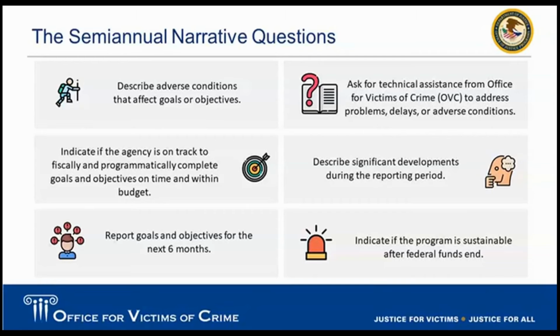But also talk about how you will keep up with this great work. So always be thinking about sustainability. There is a specific question in the semi-annual questions about sustainability and it asks you if your organization will be able to sustain these efforts. Again, be honest and transparent, because that will help OVC see what next steps they need to take in order to ensure that these efforts are being followed through and there's a way to keep up with them.